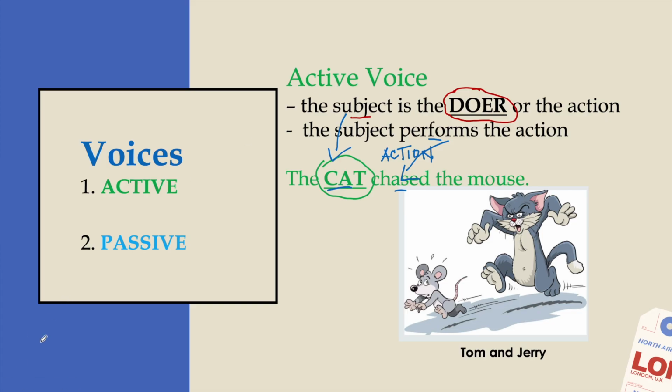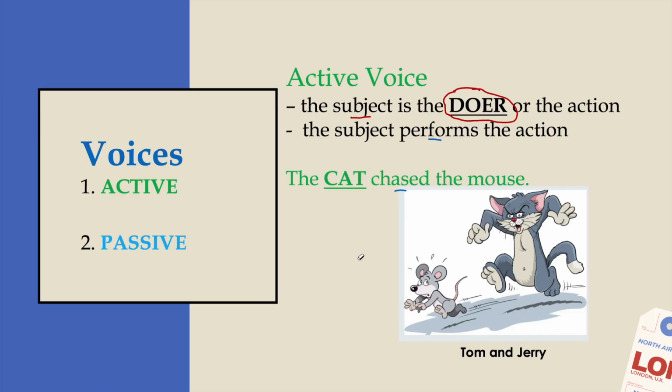In this example, the cat chased the mouse. The cat is the subject, and the cat is performing the verb chase. So the cat is chasing the mouse.